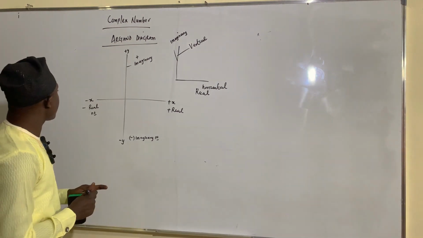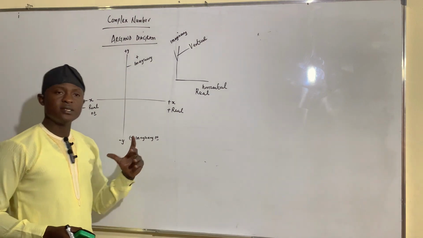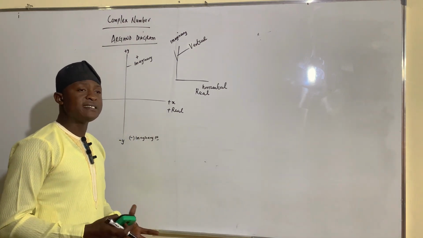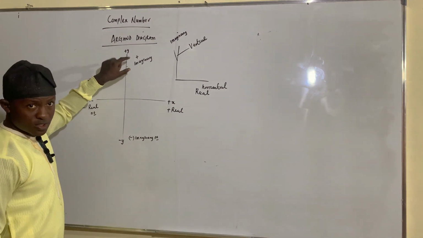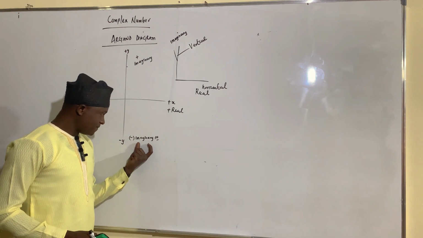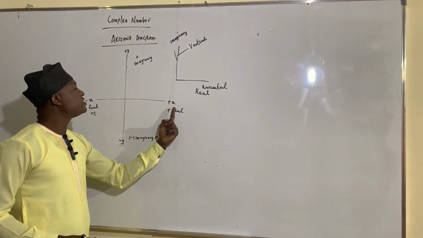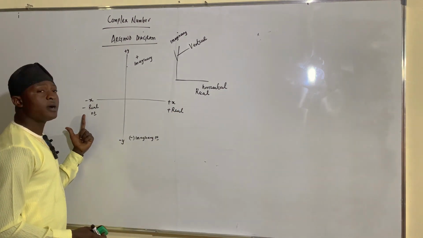Now you can see, if I'm solving a problem, what I will check is the number given to me to represent in the Argand diagram: is it positive? Is it negative? If it is a positive imaginary number, you put it here. If it is a negative imaginary number, it's going to be here. If it is a positive real number, we assign it here. And if it is a negative real number, we put it here.